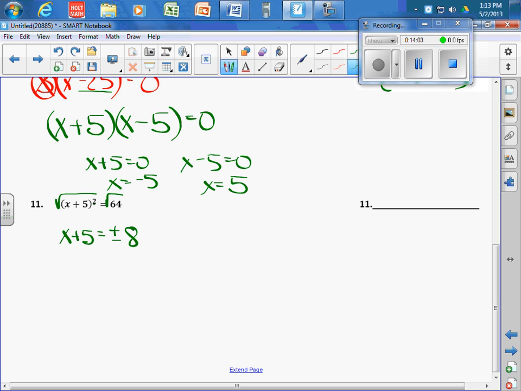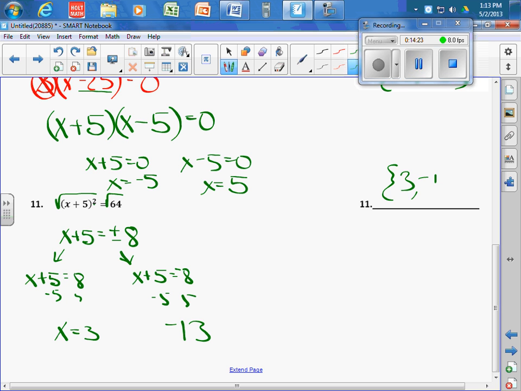It's at this point you need to write 2 different equations. X plus 5 is equal to 8, and x plus 5 is equal to negative 8. When you subtract 5 from both sides here, you get x is equal to 3. When you subtract 5 from both sides here, you get x is equal to negative 13. So 3 and negative 13.